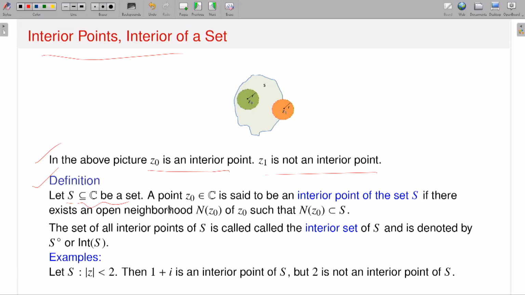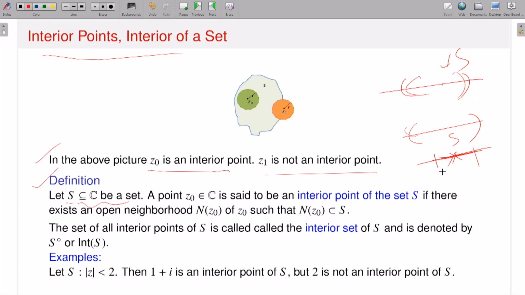For example, if I come back to the real numbers, what is the definition of an interior point? If I have a real line and some set, and I say that a point is an interior point, if you just recall the definitions of real analysis, suppose this is my set S, whatever it is, not necessarily open.